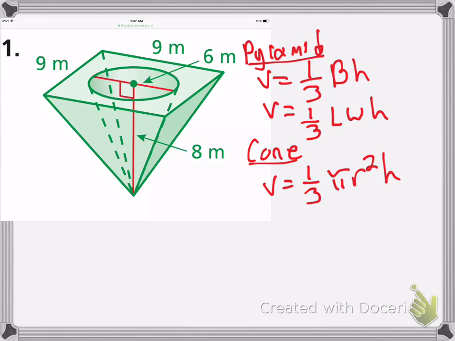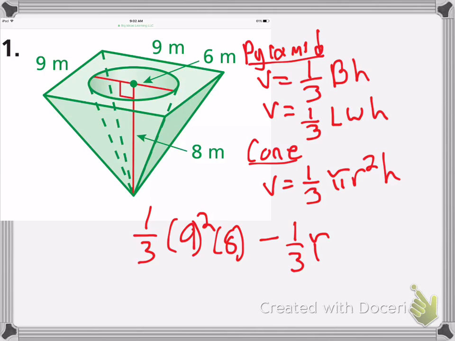On our pyramid, we're going to have 1/3 times the length times the width, or you could do 9 squared because it's a square, so 9 squared times the height of 8, minus the cone, which is going to be 1/3 pi, and then our radius here, since the diameter is 6, our radius is going to be 3, so 3 squared times the height, and it's the same height of 8.